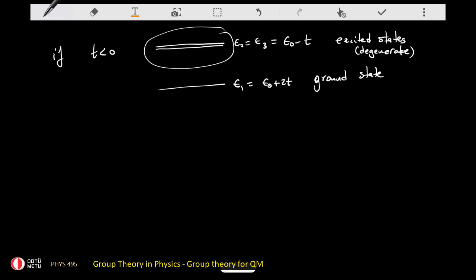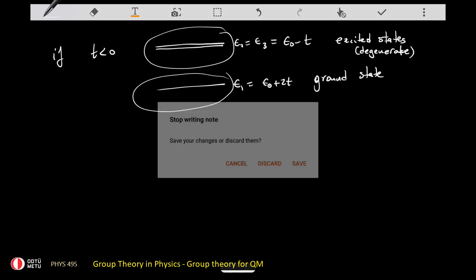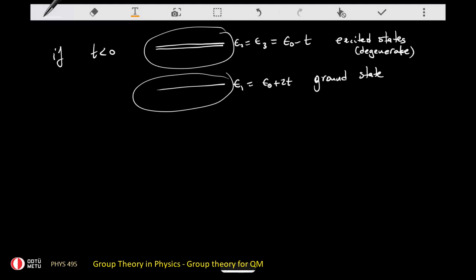So if we make the system a little bit more complicated, but the symmetry group is still D3, we can have non-degenerate levels corresponding to either U1 or U2 representation, or twofold degenerate levels corresponding to the U3 representation. But you should never see threefold or fourfold degenerate levels without any symmetry reason.